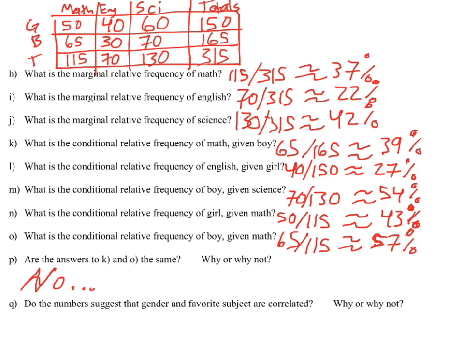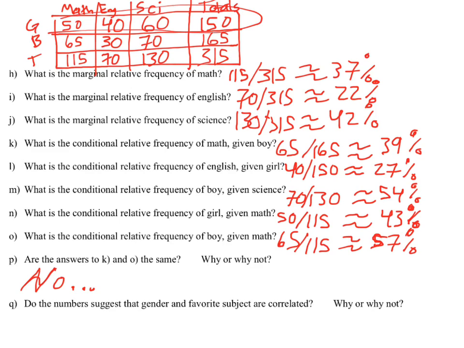For some of these, not really. If you look at the math ones, those are fairly evenly distributed. And if you look at the English ones, those are fairly evenly distributed. And the science ones, those are pretty evenly distributed. So within the subject itself, I wouldn't say there's a real gender difference. But if you look at the distribution for the girls and the guys across the subjects, out of all the boys, there's a far smaller amount that like English in comparison to math and science.